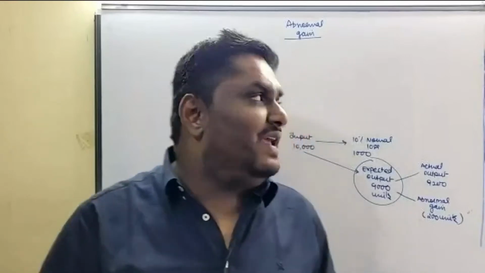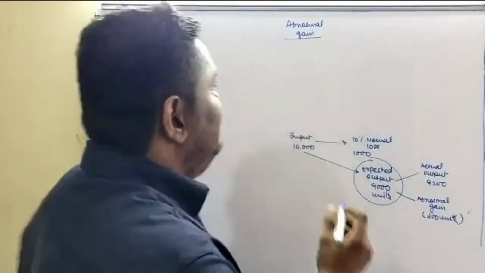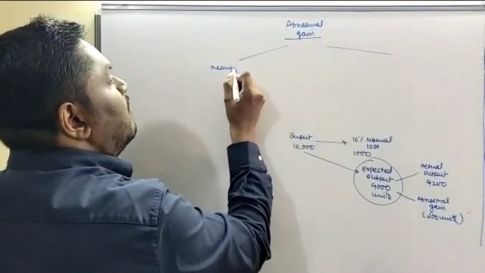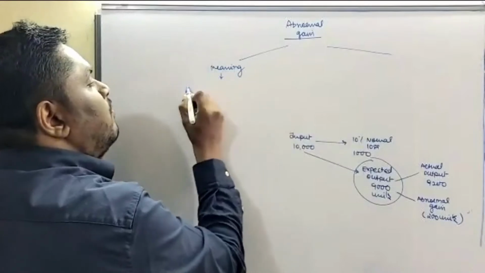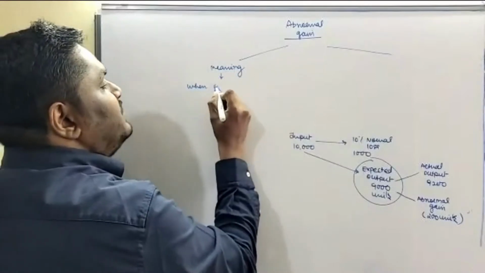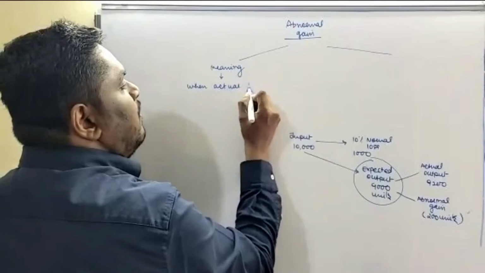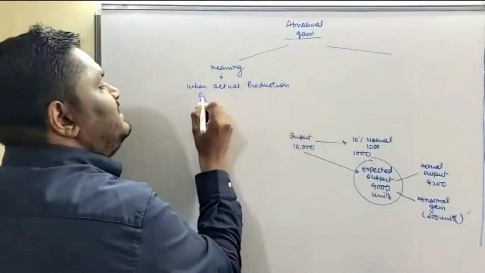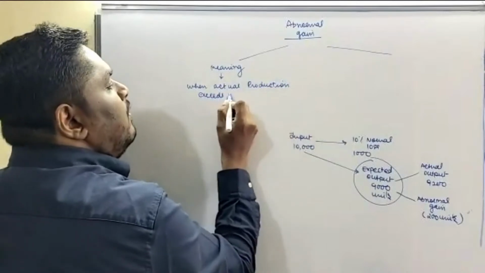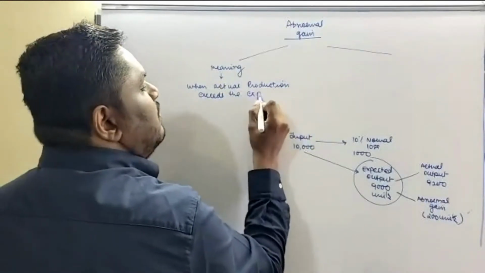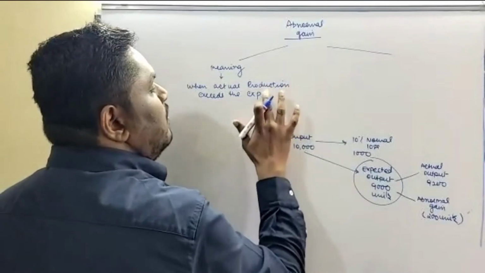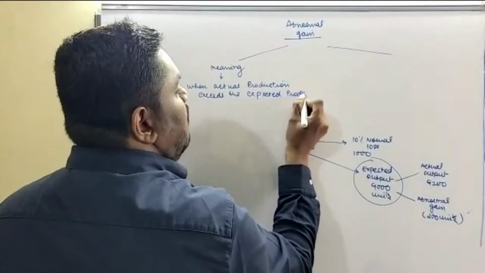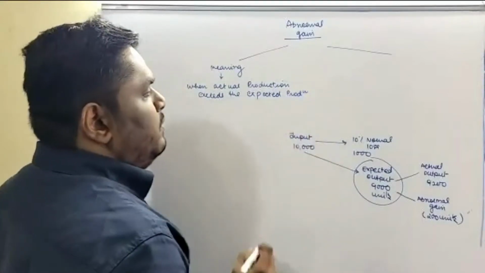So what is abnormal gain, guys? When the actual production exceeds the expected production, then it is abnormal gain.